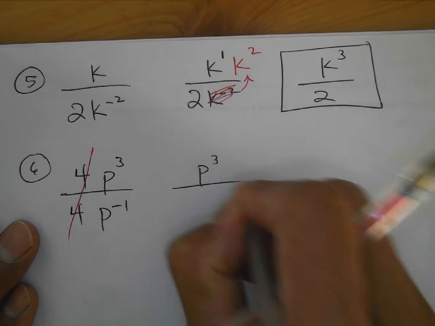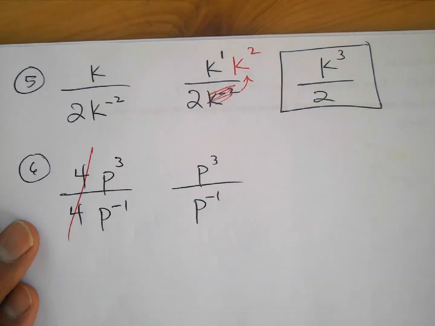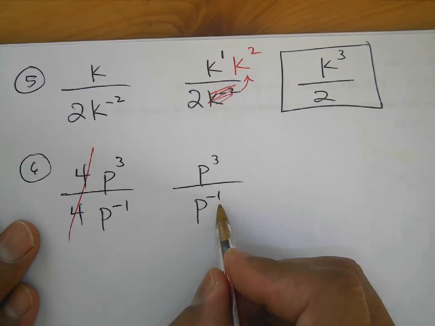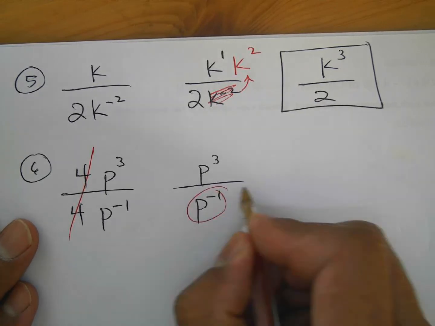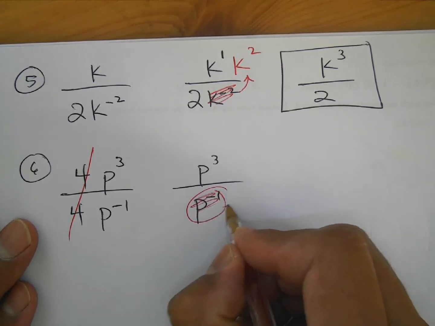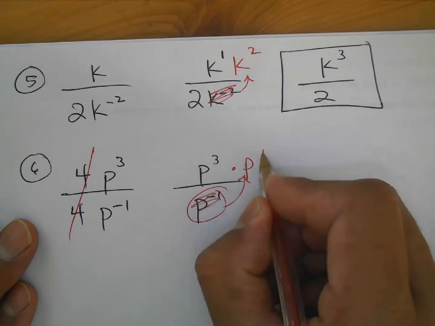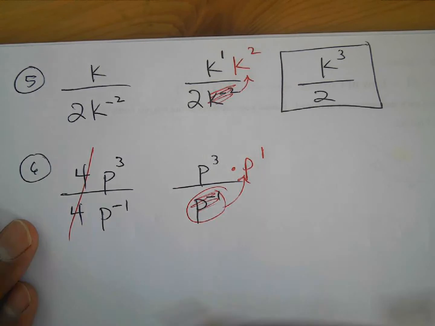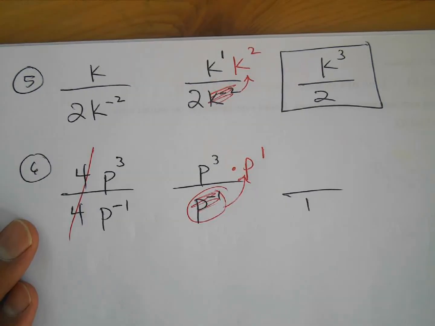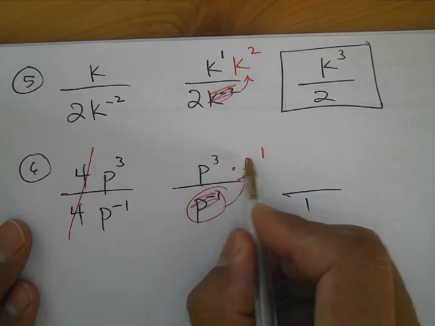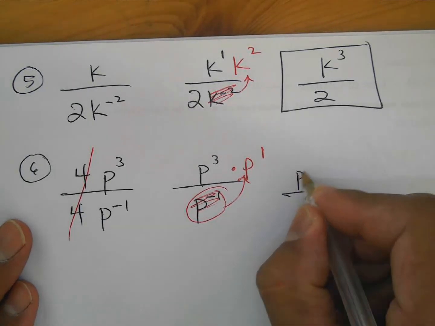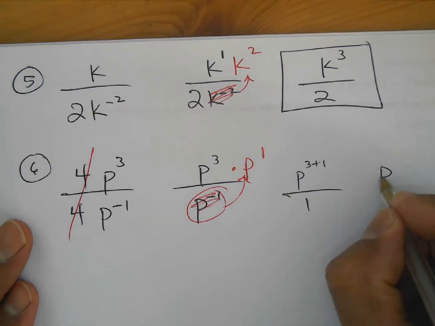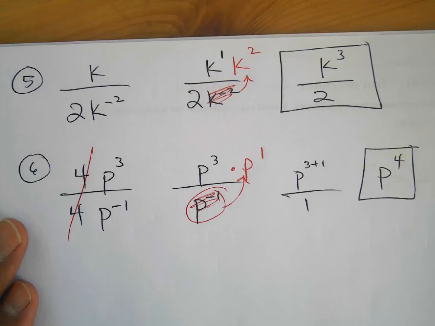I'm left with p3 over p negative 1. Which one do you move? Well, when you see a negative, that's the one that moves. This one's not going to be here anymore. It's negative 1. When you move it over here, it's going to be what? Positive 1. And when you have a 1 in the bottom, we really don't have to write it. What do I do with p3 and another p1? You add them. Final answer, p4, right? 3 plus 1, 4.